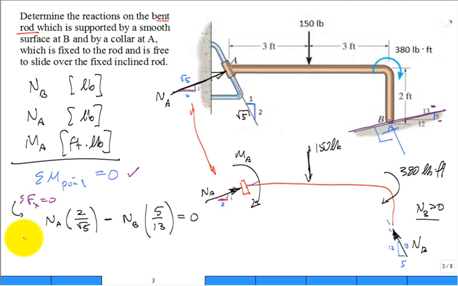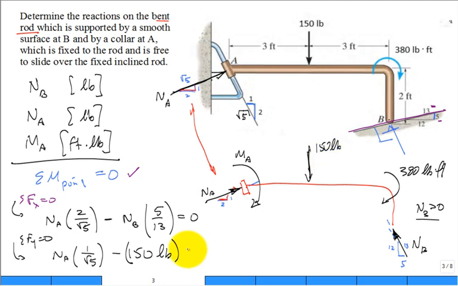Now let's do the sum of the forces in the y. Sum of the forces in the y equals 0. What gives us that? We pick off the N sub A. This time we pick off 1 over the square root of 5, and it's in the positive y direction. I'm going to have 150 pounds from this load applied. That's in the negative y direction.